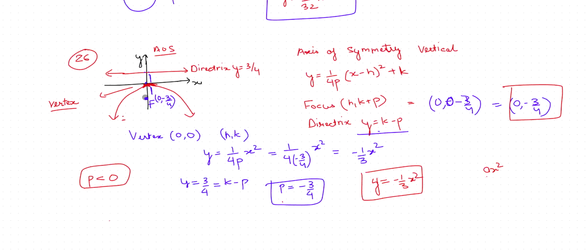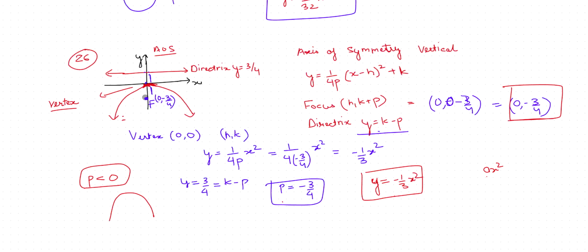So our equation is correct, and this is our focus, 0, negative 3 by 4. So this parabola opened vertically downwards; the axis of symmetry was vertical.